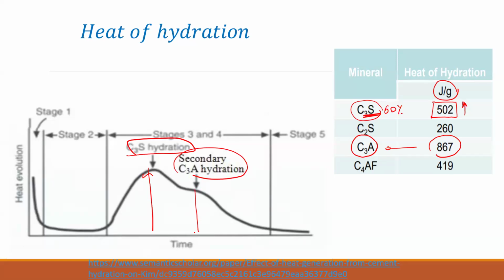If you want to control the heat generation, there are some situations where we need to. For example, consider a huge dam, which is mass concrete. We have a lot of concrete in that. If we don't control the heat generation, the outer surface of the dam will get hardened quickly, and the inner material is getting hardened slowly.